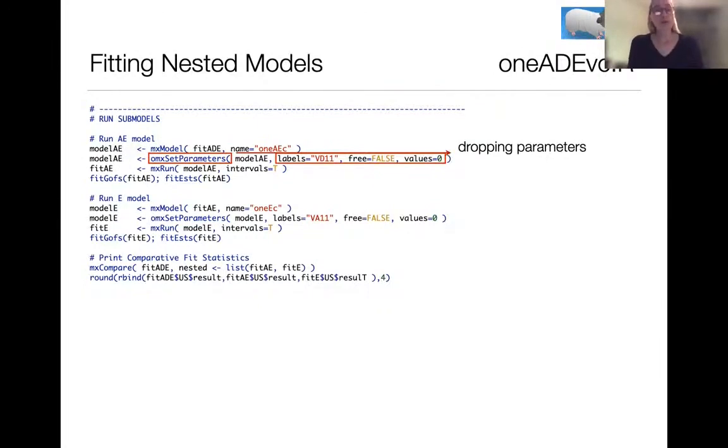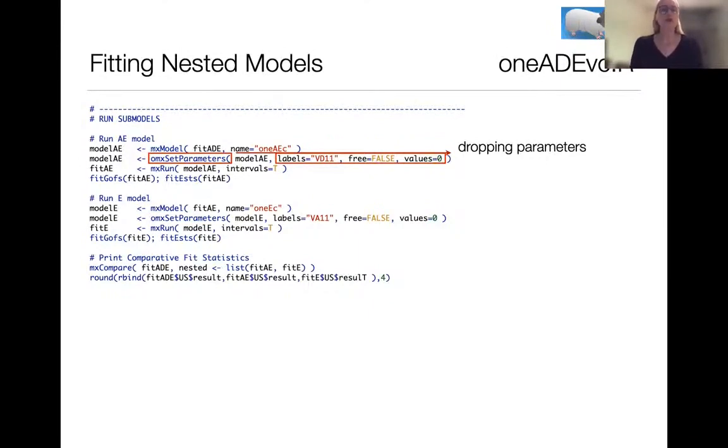But we could test whether or not the dominance component is indeed significant. In this case, we would typically not just drop the additive component, but leave the dominance component because there is no good biological explanation for that.